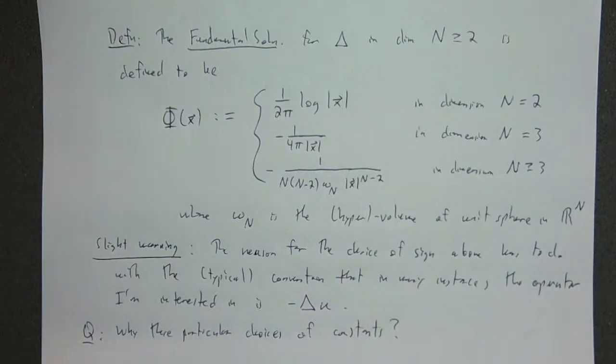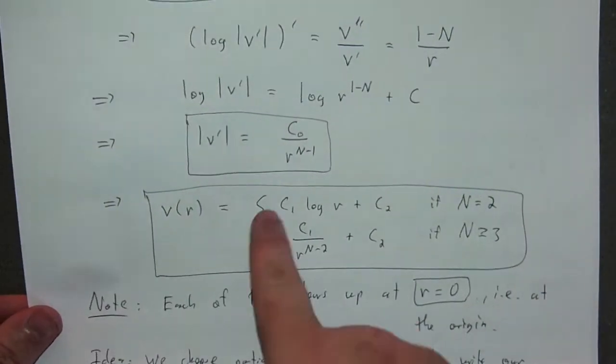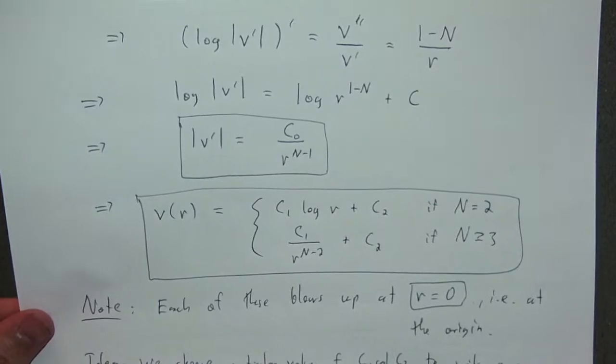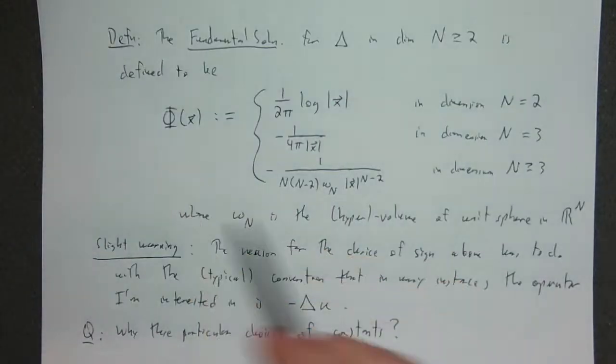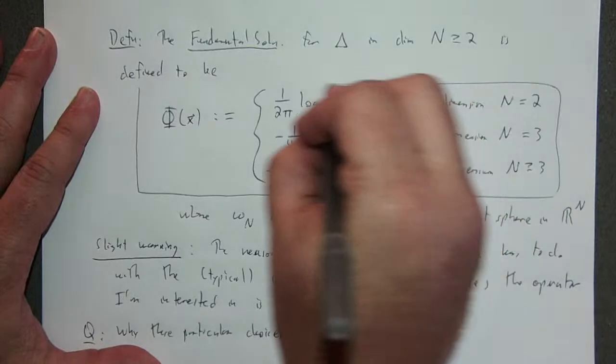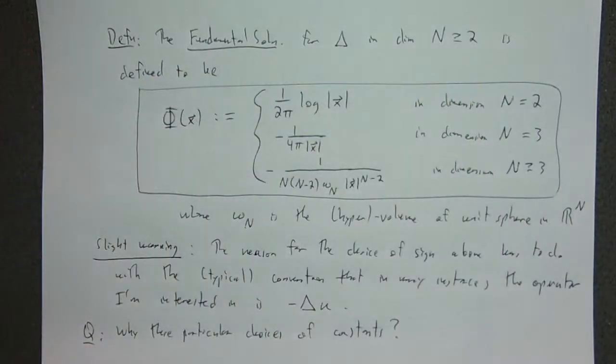Because as we saw from our solution here, it seems like we're free to pick these constants as we want to, right? So then what is it that is best about picking these? There's a very specific reason why this was done. And here's the answer.